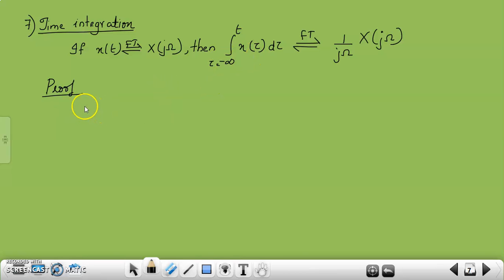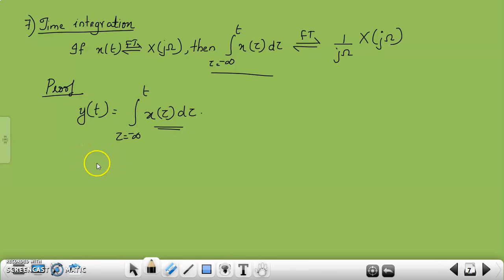For proving this, we need to take this particular function, y of t. Let y of t be equal to the integral over tau from minus infinity to t of x of tau d tau. Now, how can I retrieve x from this?